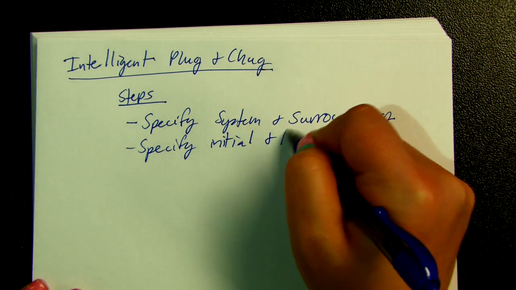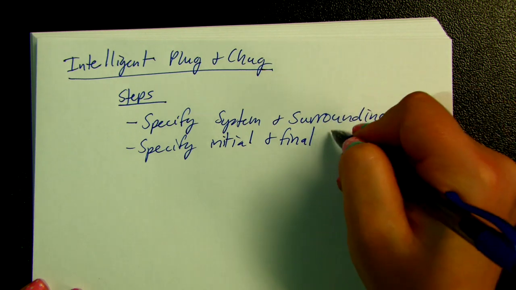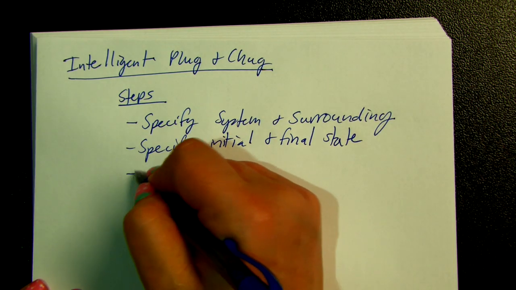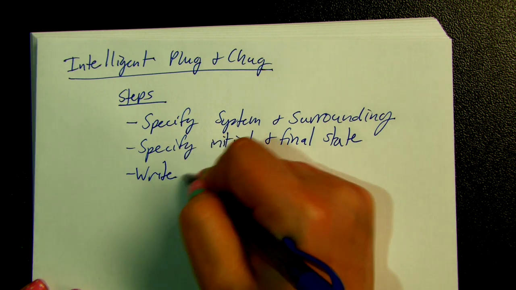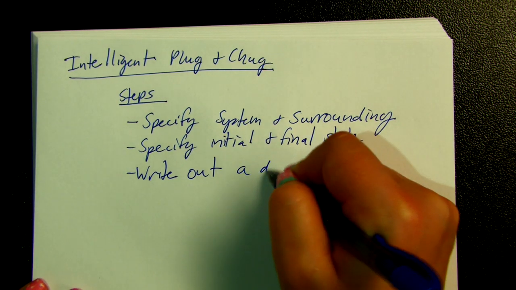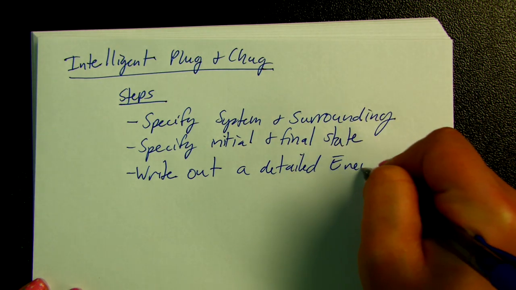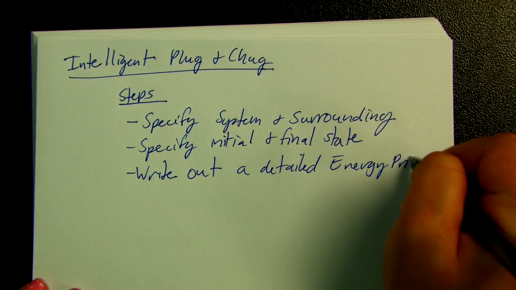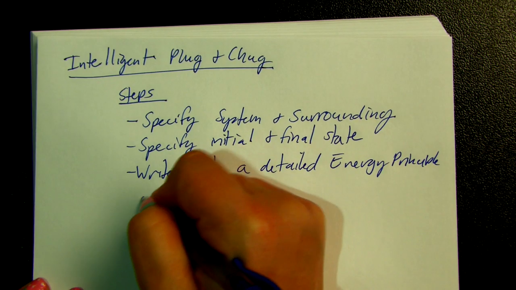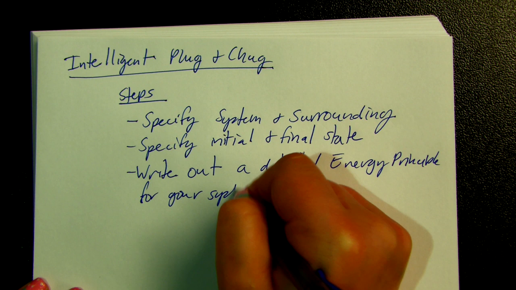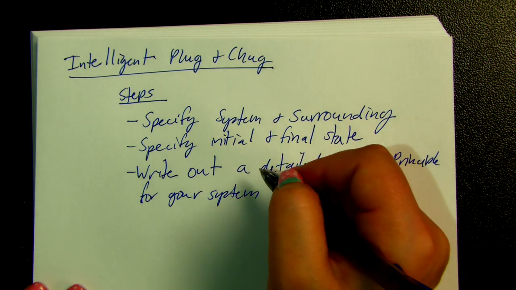There are grave implications about what your initial and final states are. You need to write out a detailed, no-holds-barred energy principle for your system. So all the bells and whistles, and then you want to think about what you do not need.